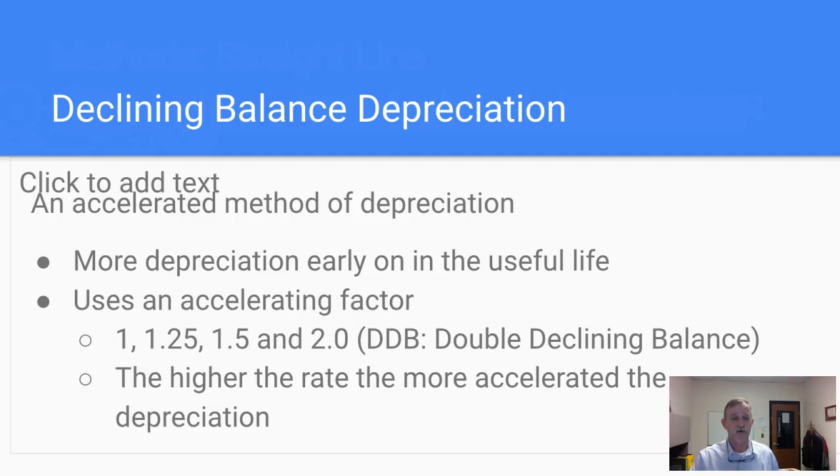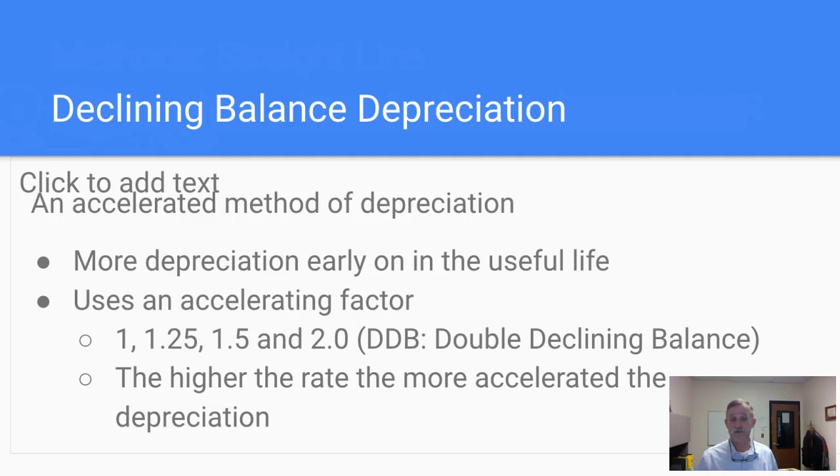So anyway, your depreciation, it might be in your best interest on a managerial level to actually accelerate the depreciation from the front end. Means you can't take as much depreciation at the back end of the useful life of an asset, but we can actually use declining balance methods of depreciation.